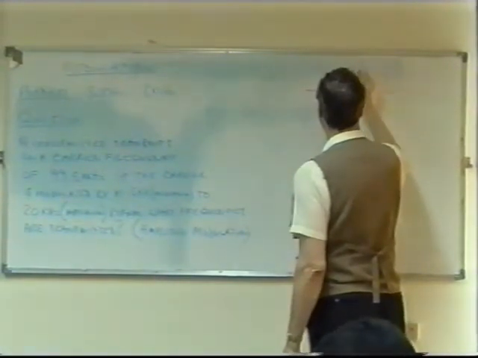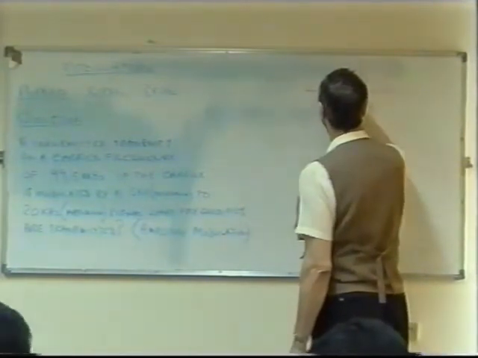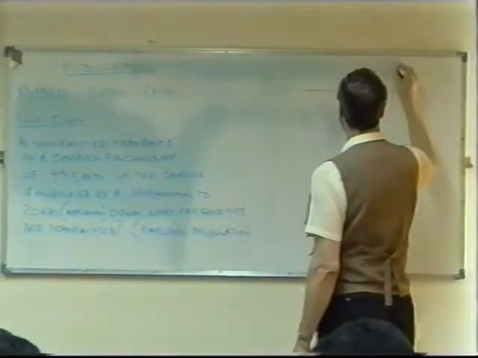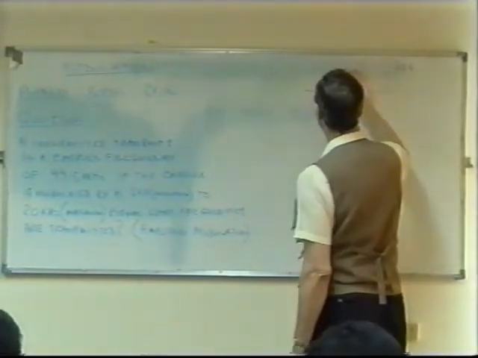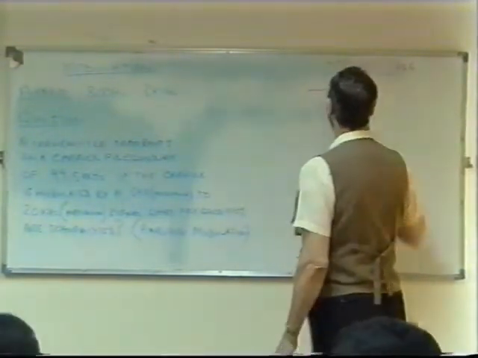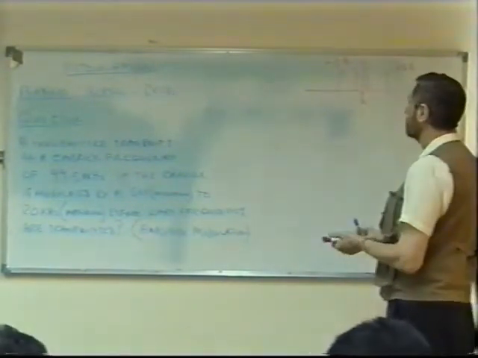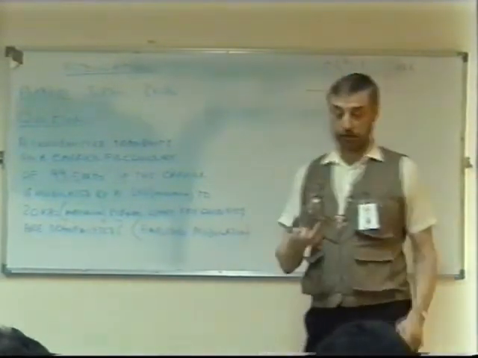This is the conventional way of drawing this, by the way. These little blocks here indicate the upper sideband, or USB. This is the LSB. And we're using amplitude modulation exactly as I described it.